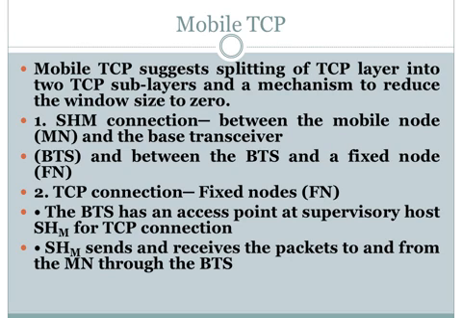So BTS serves like an access point for the SHM connection, and SHM can send or receive packets through the BTS. From the mobile node, SHM can send or receive packets.